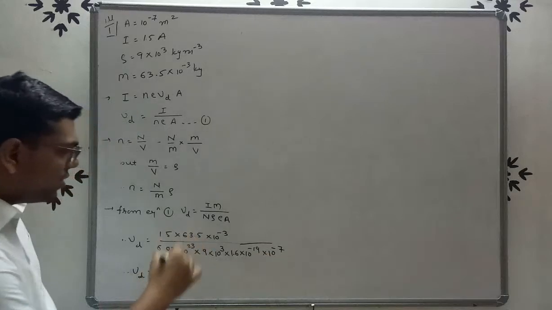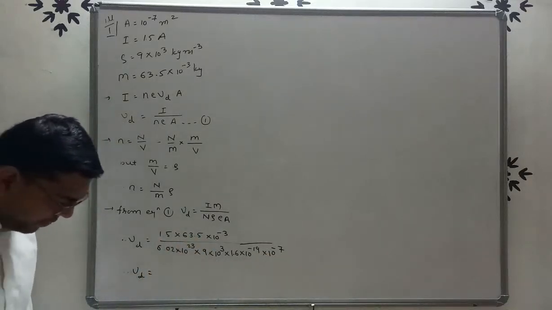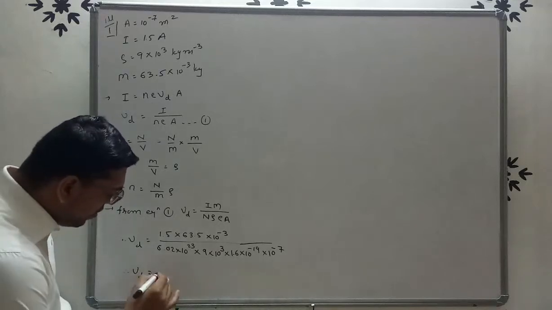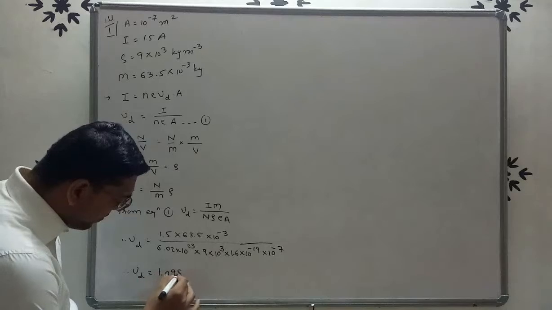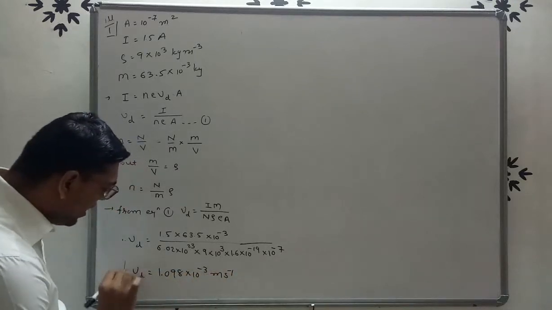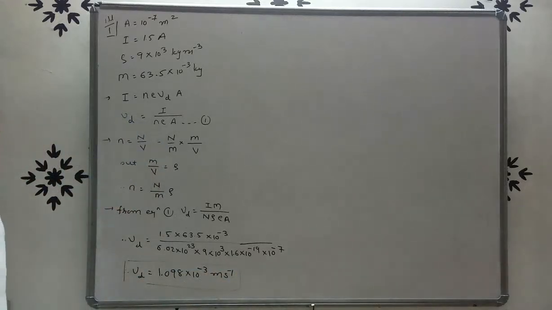Now if you solve this, you get drift velocity vd equal to 1.09 × 10^-3 meter per second.